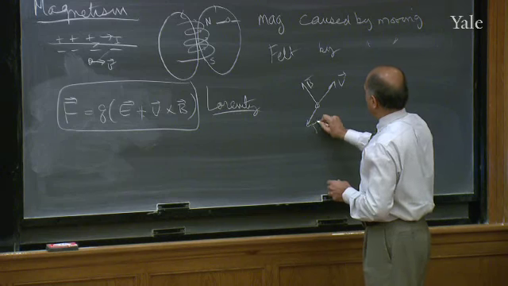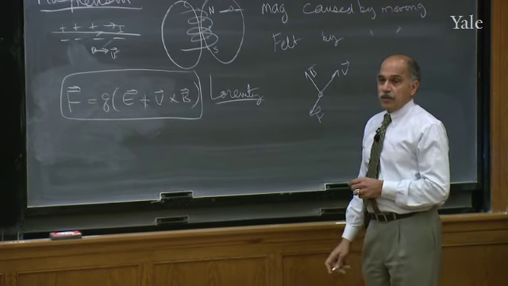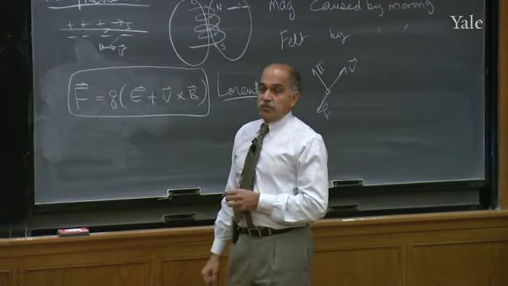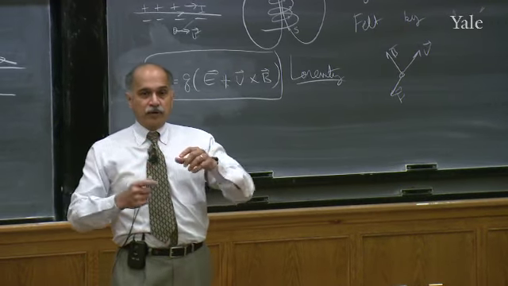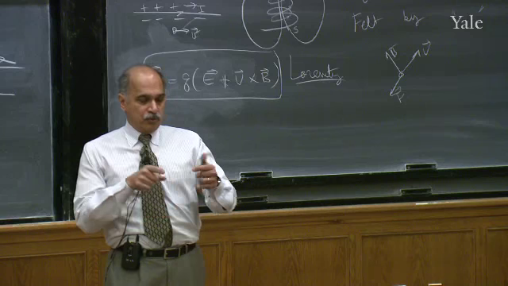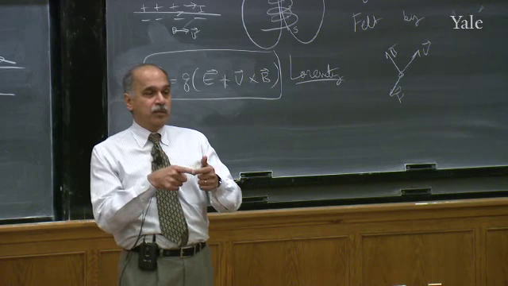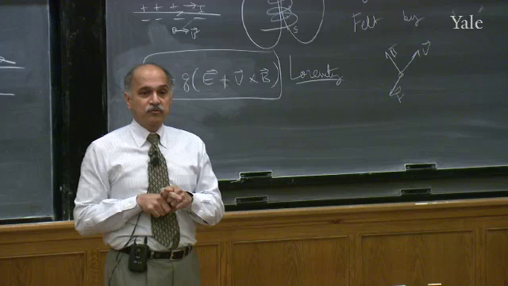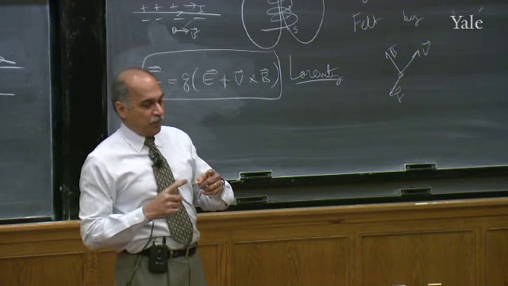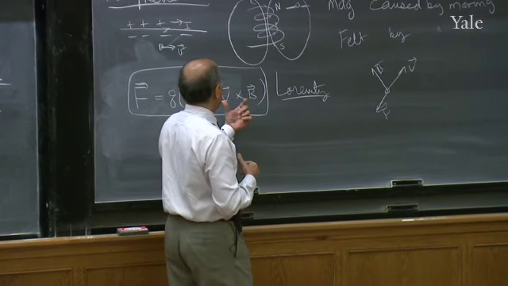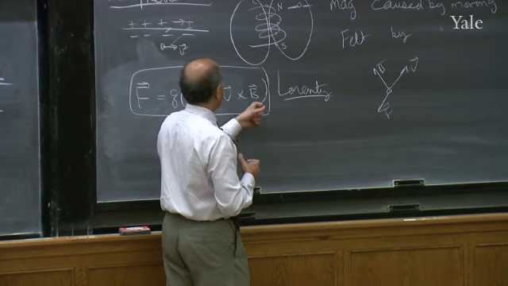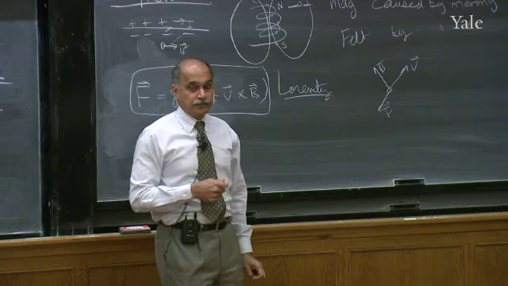V cross B is the force. So if someone says, which way is B pointing, you'll have to shoot a few particles and find out how they bend. If you shot it exactly parallel to B, it won't bend at all. That's the direction of B. If you send it perpendicular to B, it'll bend the most, because the cross product will be the biggest. Then you can slowly determine by some experiments what the value of B is.